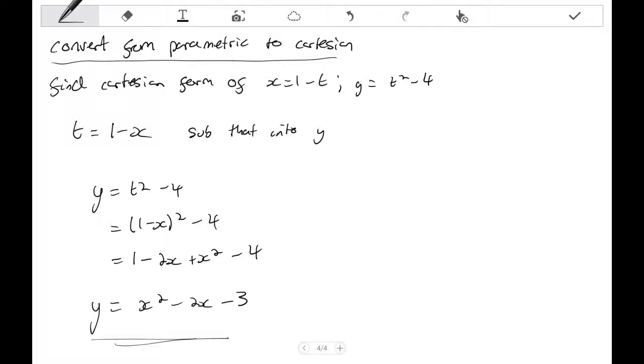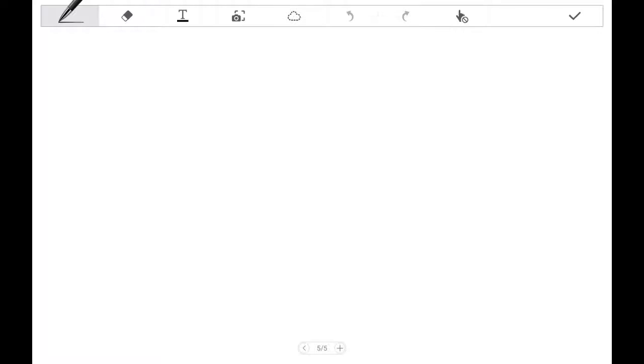Okay, I'm going to show you another example of this because it's an example that comes up all the time, and it's a little trick that you will use all the time. So I'm going to show it to you.